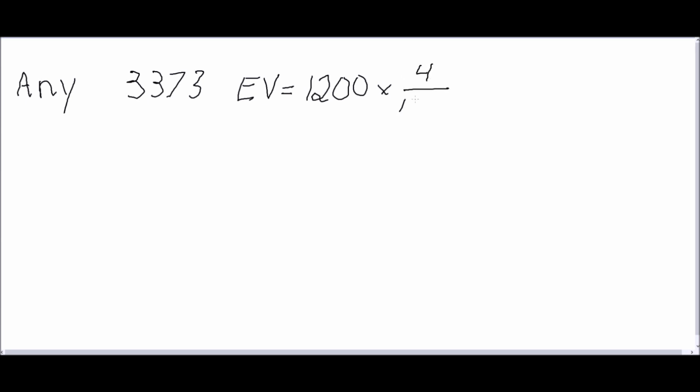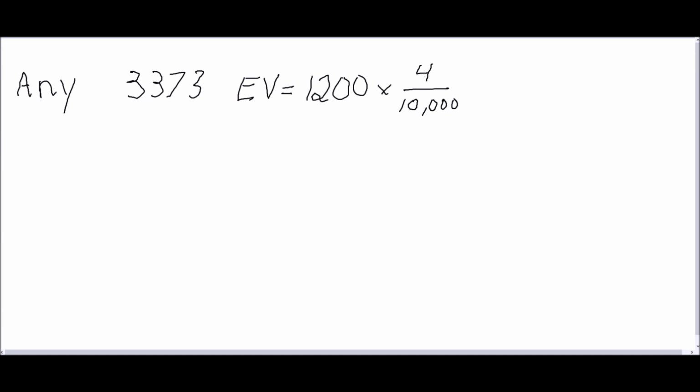If the player picks a combination like 3, 3, 7, 3, where he picks one digit 3 times and another digit once, the amount he will win on a $1 ticket is $1,200. So to get the expected value, multiply that win by the probability of winning, which is the number of ways to win divided by the total number of possible ball draws by the state.